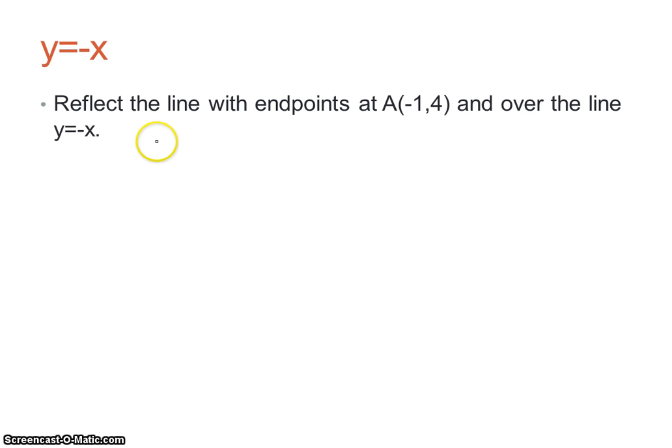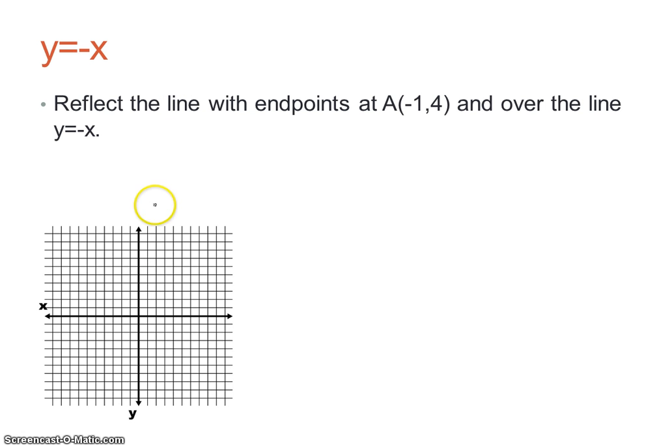Now let's look at reflecting over y equals negative x. If we graph y equals negative x, it's going to be a slope of negative 1, starting at 0, 0. And we have our pre-image of A at negative 1, 4. So here's our A. If we do something similar to what we did with y equals x, we go to 0.